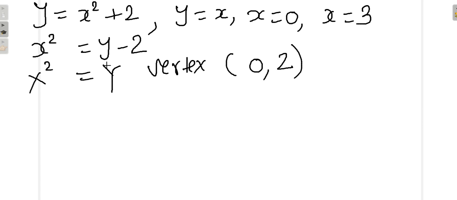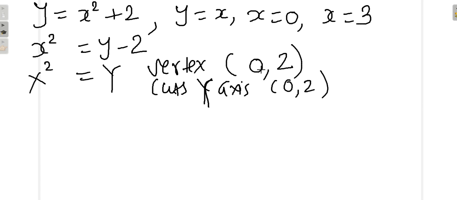If you put y equal to 0, you get x square equal to minus 2, which is impossible, so the curve doesn't cut x-axis. Where does the curve cut y-axis? Put x equal to 0. The curve cuts y-axis at 0, comma 2. So vertex and where the curve cuts axis are the same points.